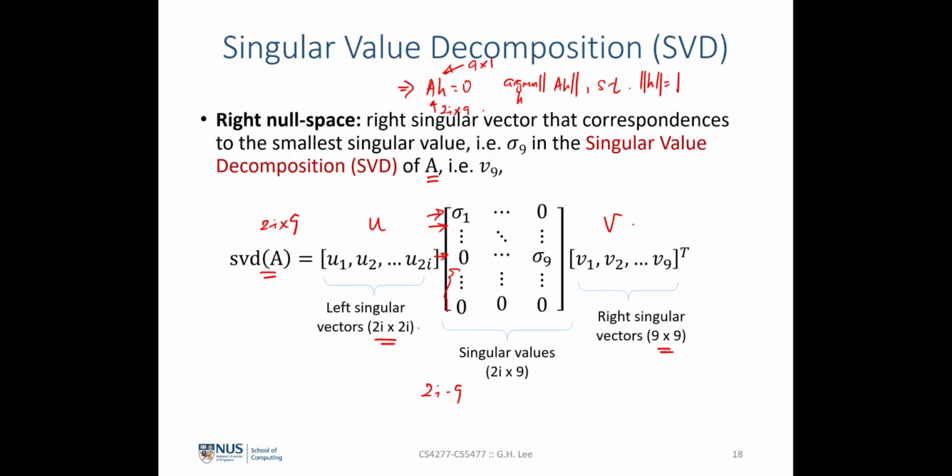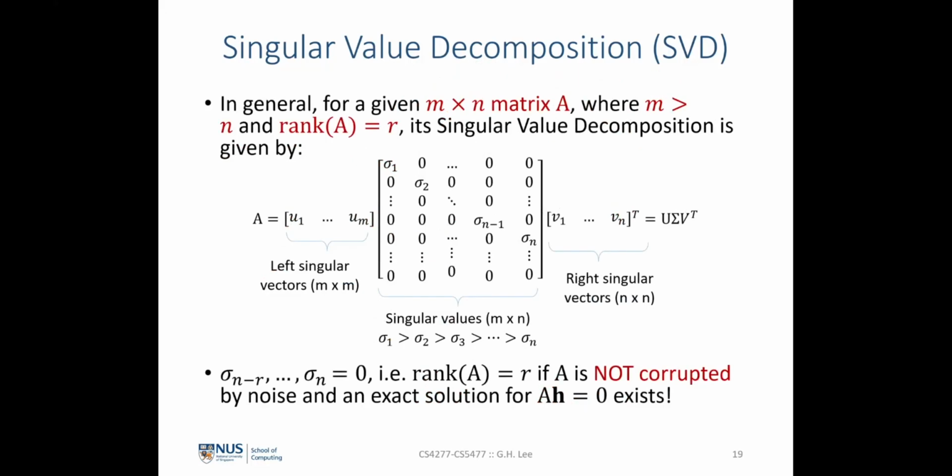And we can see that the multiplication of these three matrices, the left orthogonal matrix, the singular value matrix, and the right orthogonal matrix, will together result in the 2i by 9 matrix A. And in general, for a given N by M matrix where M is more than N, this means that A is a tall and thin matrix.